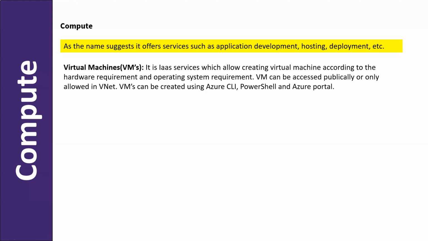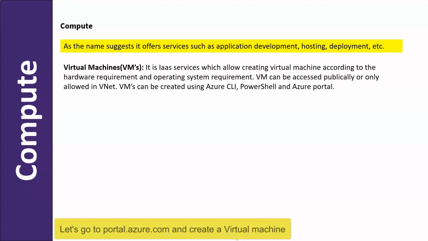Virtual machine is like infrastructure as a service, and it allows you to create a virtual system that you can use. You can choose your own hardware components like CPU core, memory, and you can also opt for the operating system which you want.